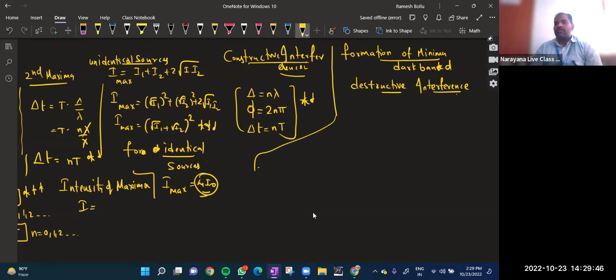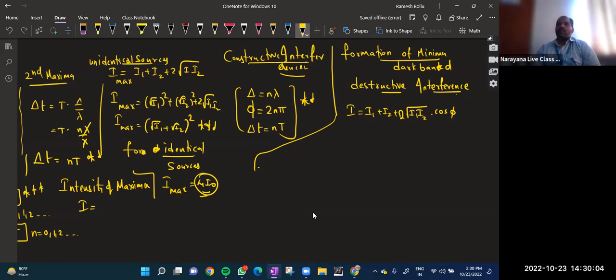Destructive interference means, see the intensity formula: I1 plus I2 plus 2 under root of I1 I2 into cosine of pi. What is the concept of dark band? The region where there is an absence of light. Correct or not? That is called minimum intensity.